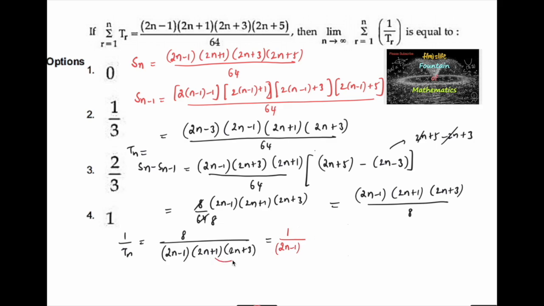And here the difference between 2n plus 1 and 2n plus 3 is 2. So let us write 8 as 4 into 2. So 4 here, and here I can write 1 upon 2n plus 1 minus 1 upon 2n plus 3. So that the difference of these two numbers is 2 and the denominator is 2n plus 1 into 2n plus 3. So we can write 4 upon 2n minus 1 into 2n plus 1 minus 4 upon 2n minus 1 into 2n plus 3.